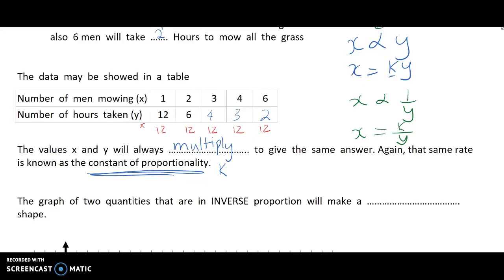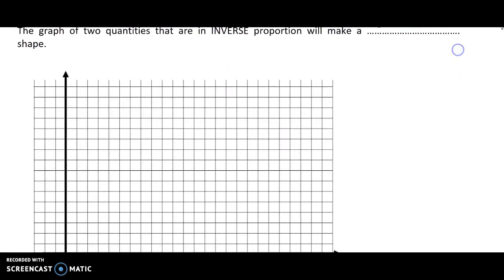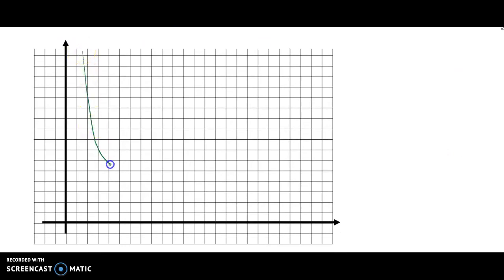In comparison to that, when we have inverse proportion, the graph that we get will make a curved line. Which means that it looks something like that. So what it tells us, if this is x and if this is y, is that as x increases, so as we go from 1, 2, 3, 4, and so forth, the y values are decreasing.